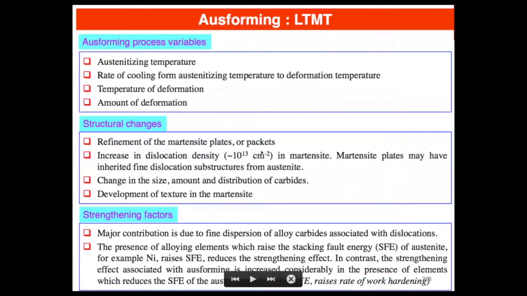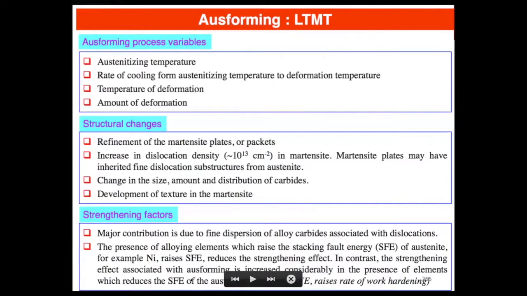Okay, so that's basically the main ideas that I wanted to throw out there. Carbides associated with dislocations. There's a minor point we can ignore about stacking fault energies.